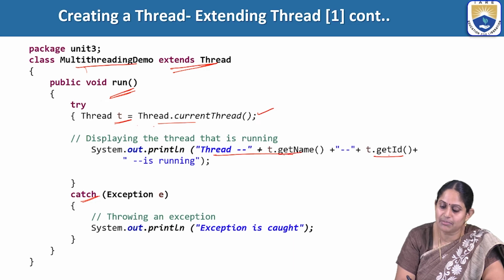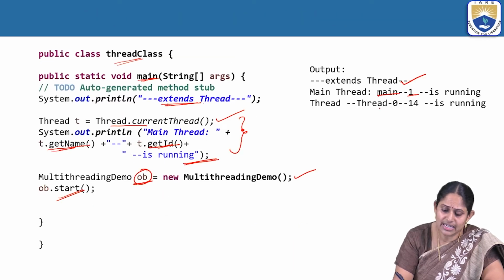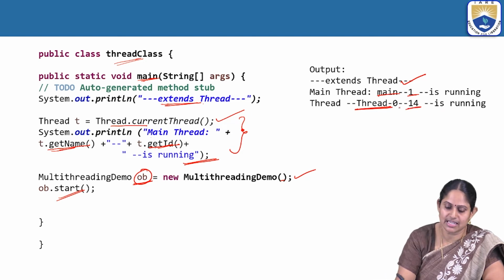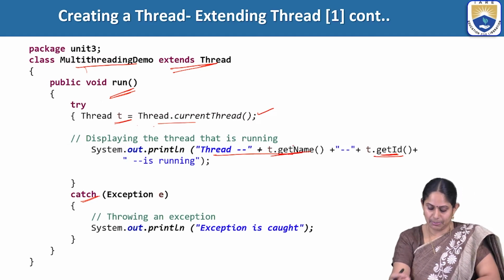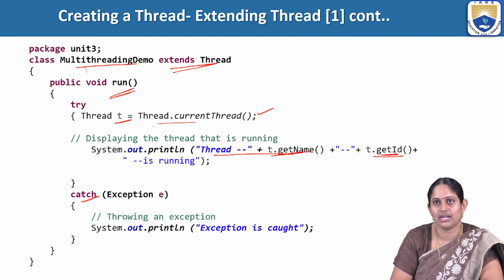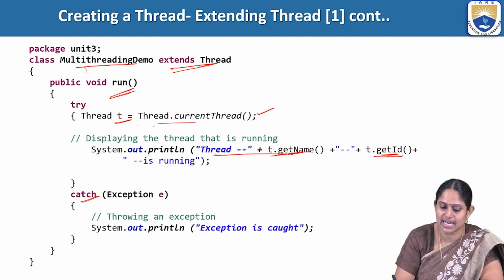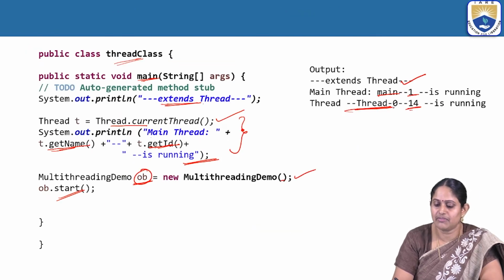When you retrieve the name and ID, since we didn't assign any name for that thread while creating it, by default the compiler itself will assign some name, which is Thread-0, and its ID is 14. Since we didn't apply any name as such, it will take its own name. So the statement will be obtained inside the output.